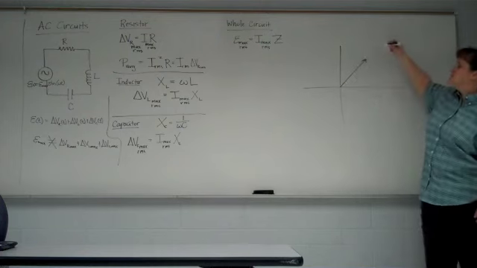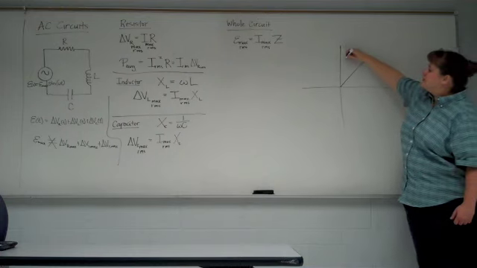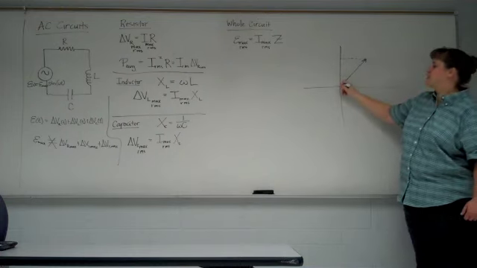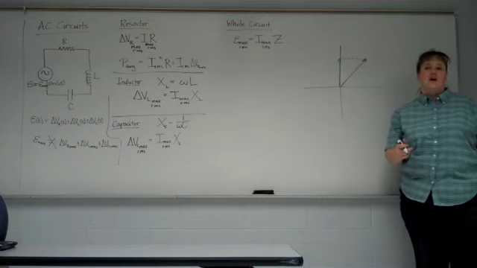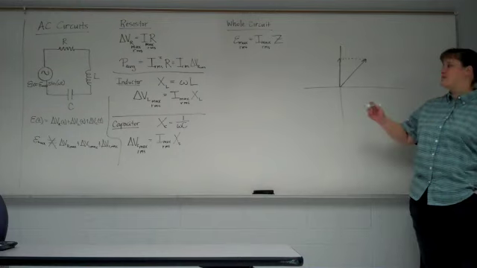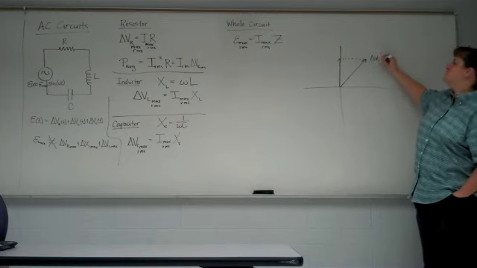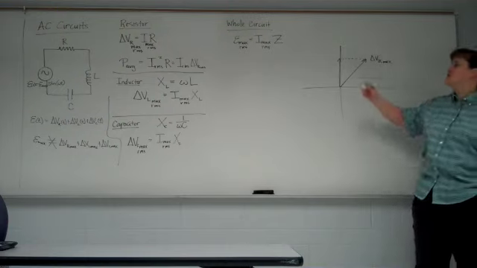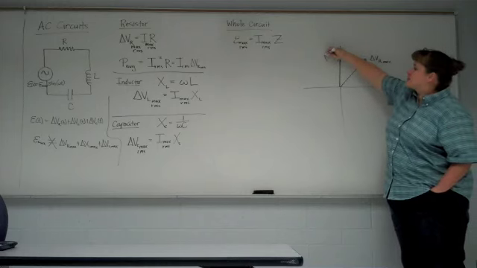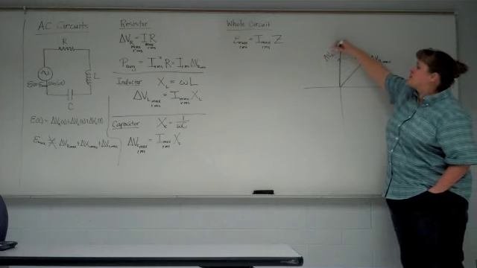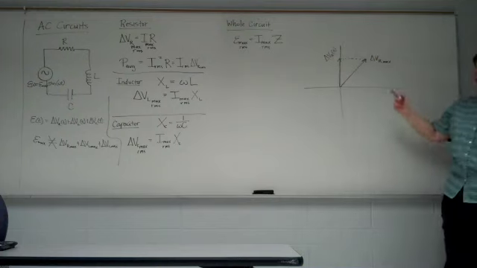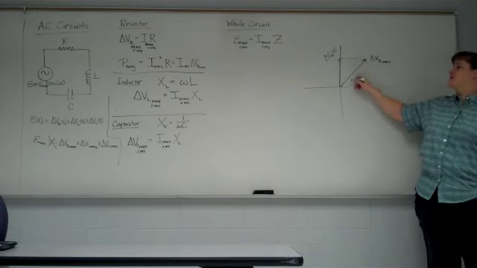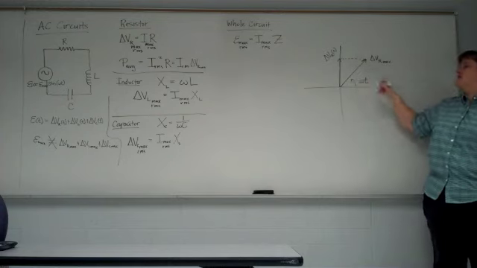Here's our phasor. That shadow on the screen is the value of the voltage at any instant in time. So if this phasor itself represented the maximum voltage drop across the resistor, this shadow on the screen would represent the voltage drop across the resistor at that instant in time. As that phasor rotates, it rotates at a rate of omega t.